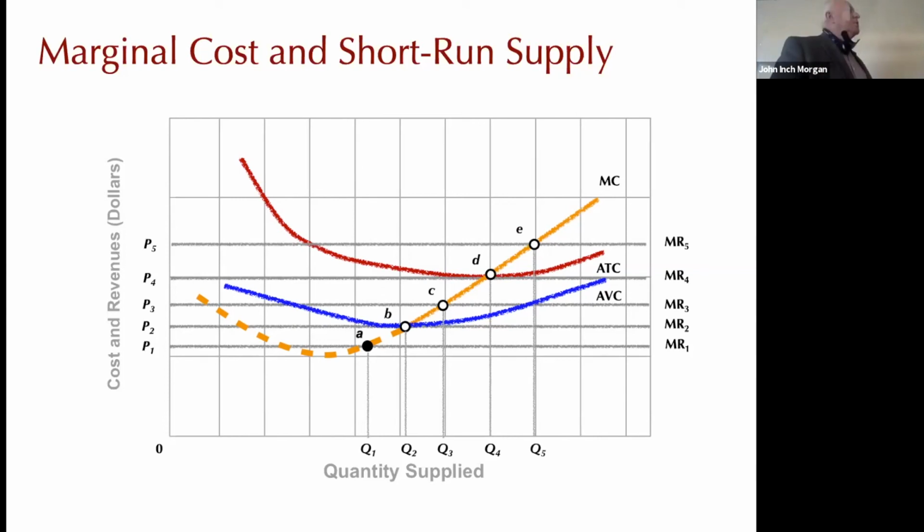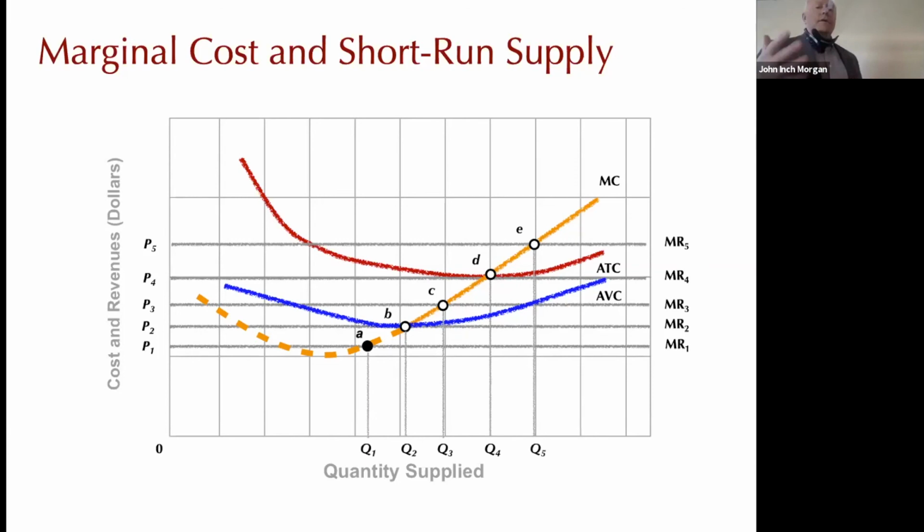And when I ask the question, what are the incentives of a firm to produce more if the price goes up? It's twofold. Number one, increased profits, and everybody gets that. The one that I think people have a hard time getting is that I'm also able to cover my costs. You can see that as I produce more units, my costs are going to go up from that point where the marginal cost curve starts to trend back up.